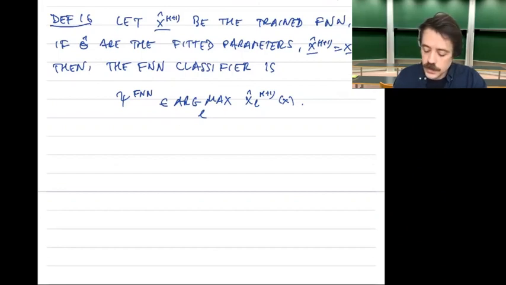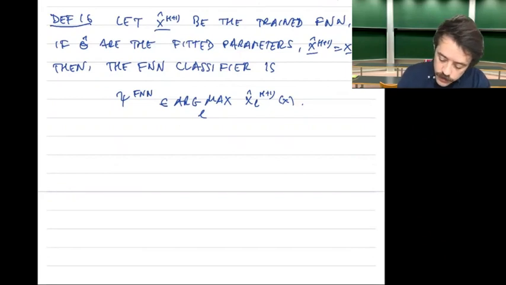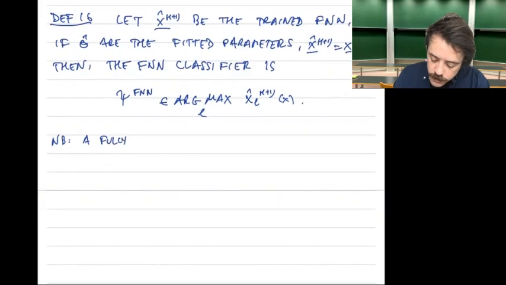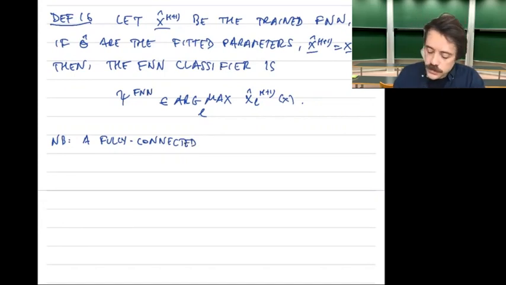Okay, so let's make a little remark. Note the following, which you may have noticed already: fully connected. So what do I mean by fully connected? I mean a graph. I was going to write complete graph, but that's not really it.